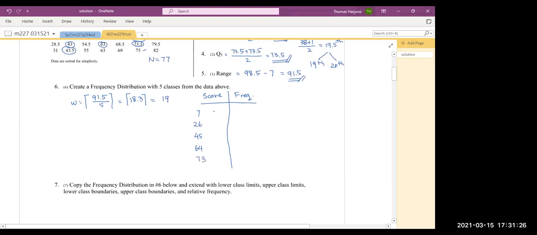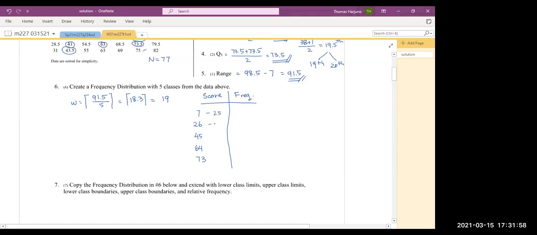So what is the upper class limit for the first class? 26.5, but here we use 25.